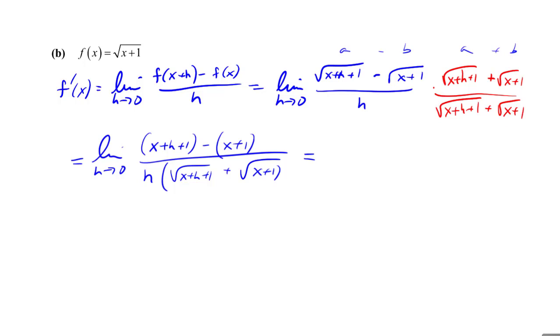All right, in the numerator here, that's x plus h plus 1 minus x minus 1. Oops, I forgot a parenthesis in the denominator there. In the numerator, the x's cancel, the 1's cancel. I get the limit as h approaches 0, h in the numerator, and h times that whole mess in the denominator.